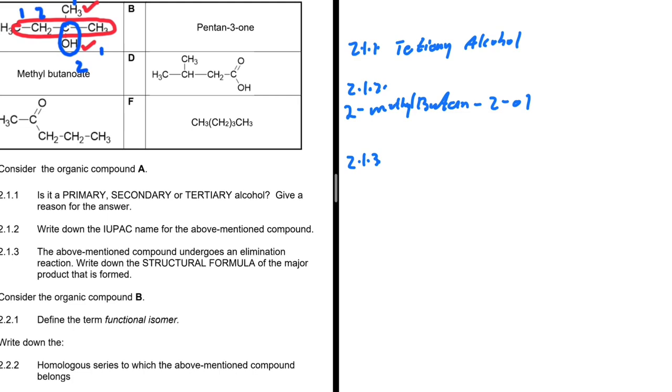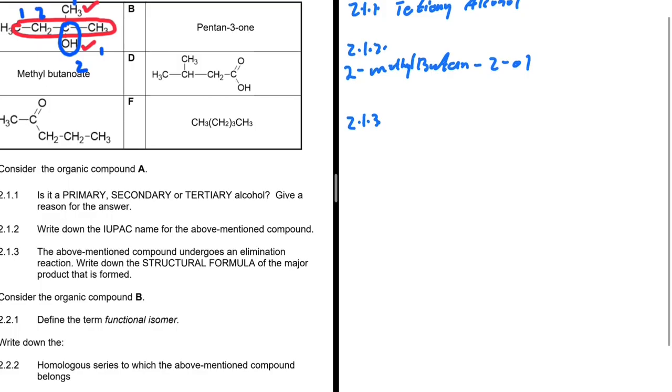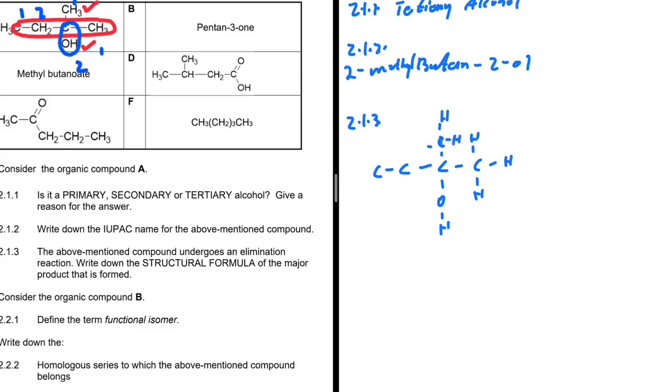Elimination reaction. Let me just write that structural formula without condensing it. So this is OH, and then hydrogen. Here we have a branch, so let's put that there. And then elsewhere we have hydrogens. Which elimination reaction can an alcohol go through?